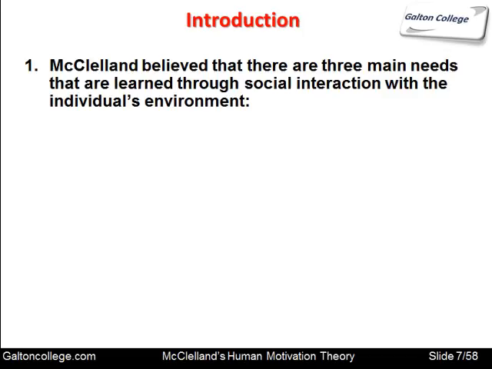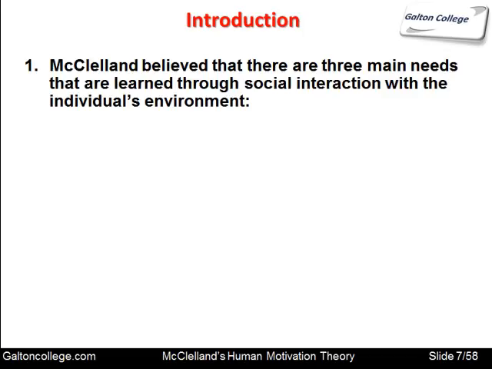If it's nature, then it's a part of our genetic makeup. But if it's nurture, it's from our environment. It's what we learn. This is how we've been taught and influenced. And according to McClelland's view, the three main needs that drive motivation come from social interaction. The person linking to his or her environment, and the environment generating these needs.